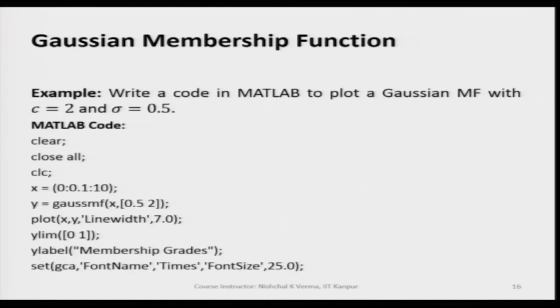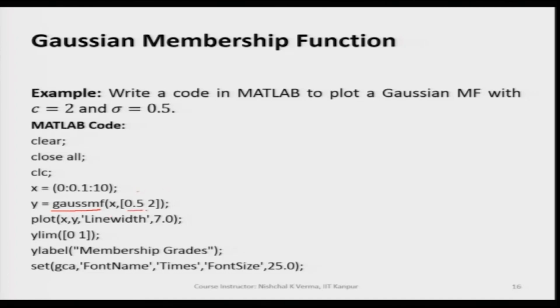Here is an example where, using MATLAB code, the Gaussian membership function has been generated, and you can use this code for generating a Gaussian membership function. Gauss MF is the function being used here; it is an inbuilt MATLAB function.